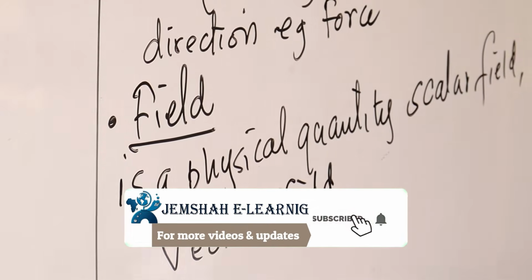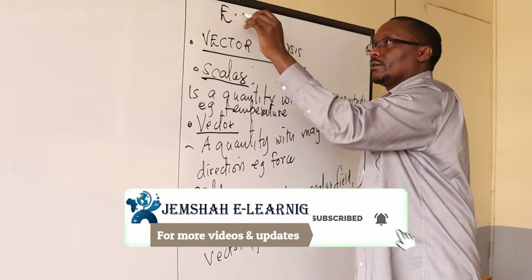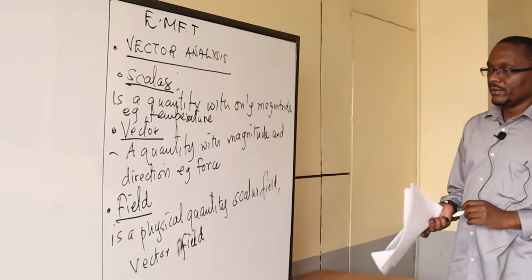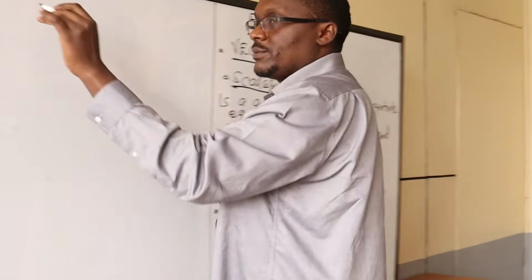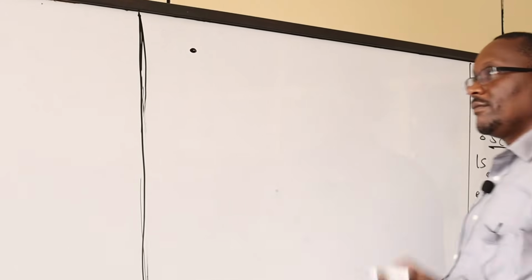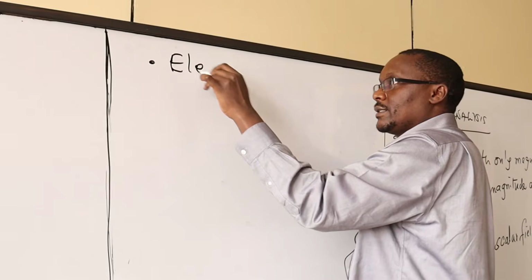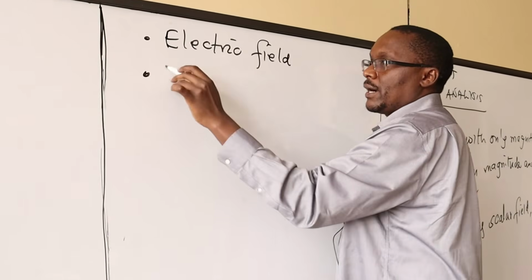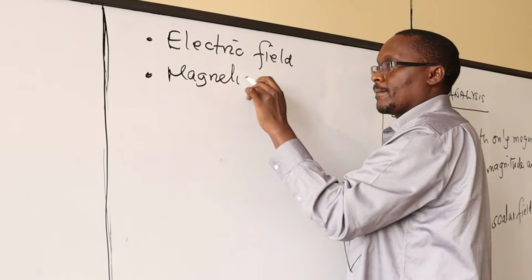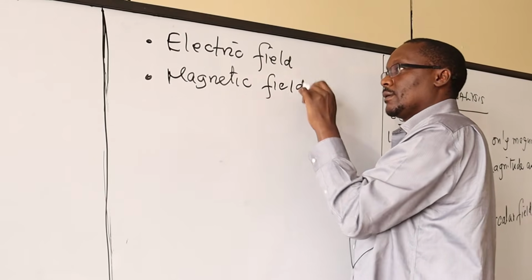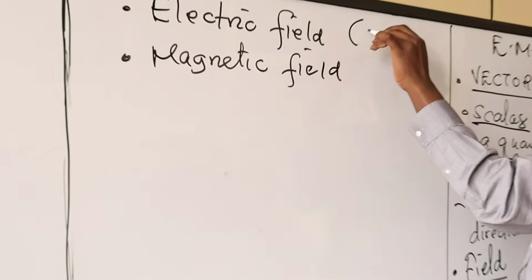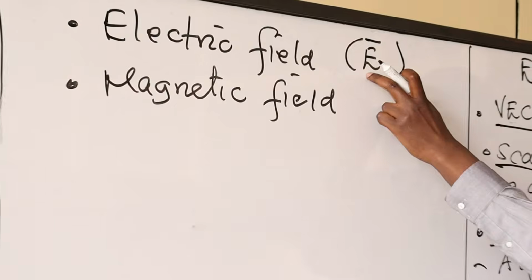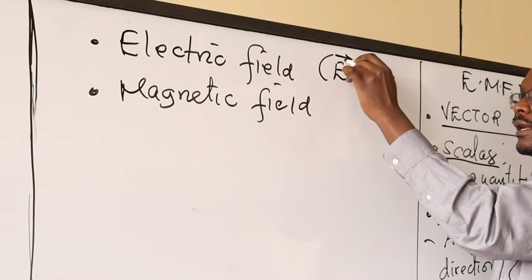But in our discussion of electromagnetic field theory, we are basically going to look at two types of fields. These two types of field are the electric field, and we also have a magnetic field. Because they are all vector fields, we normally denote the electric field by capital E with a bar or an arrow on top.